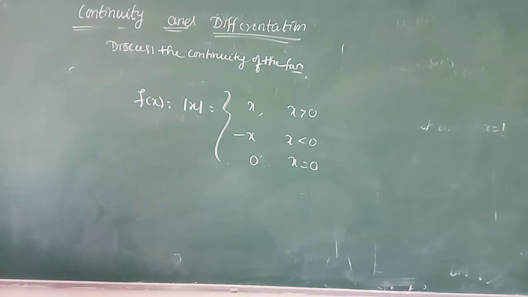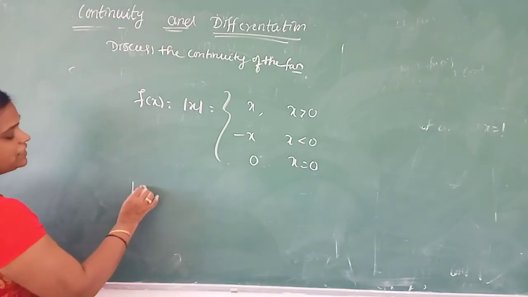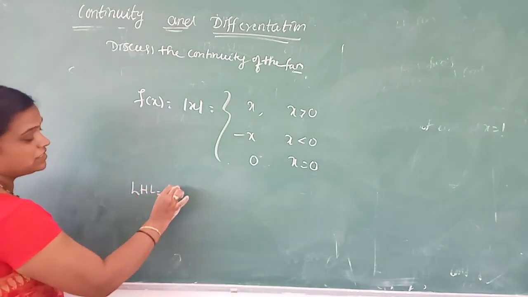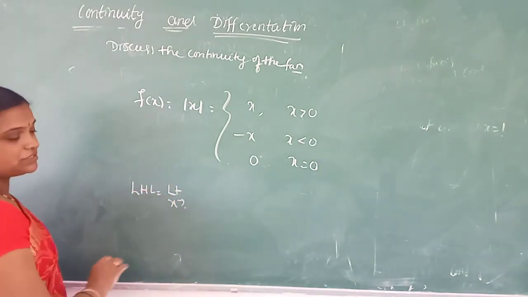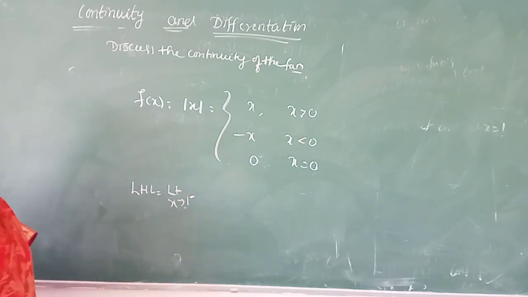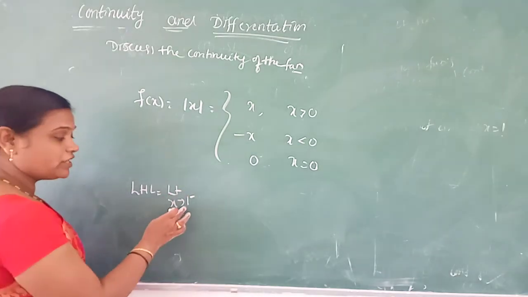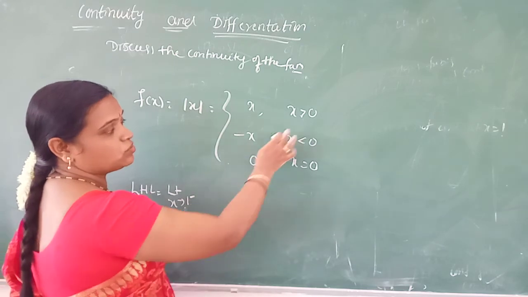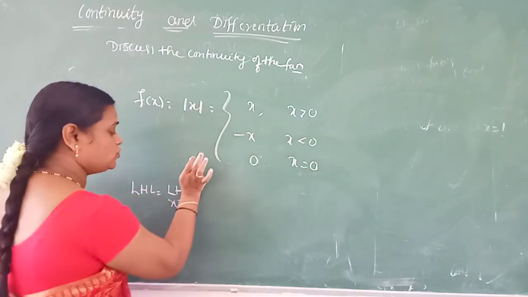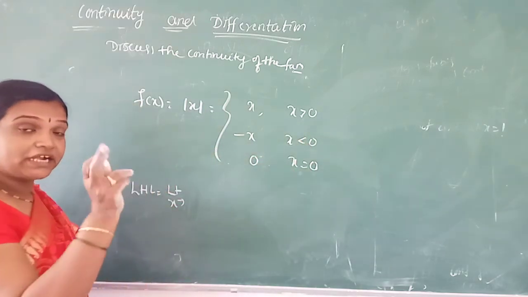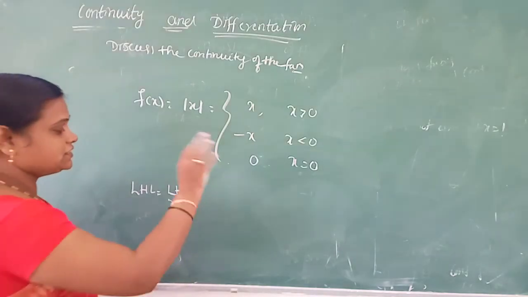Mod x. Okay, see here we are applying the left hand limit, LHL. Limit as x tends to, see, 0 minus, left hand. But we are not taking 1, we are taking what is the given limit here? 0. Therefore, what is given, that one we have to write. Here 0.